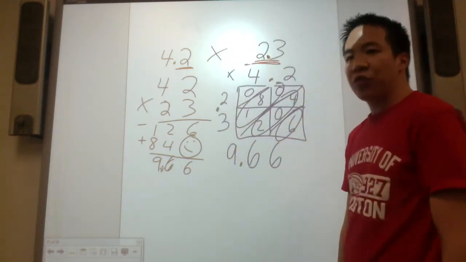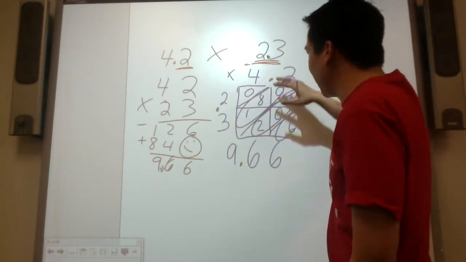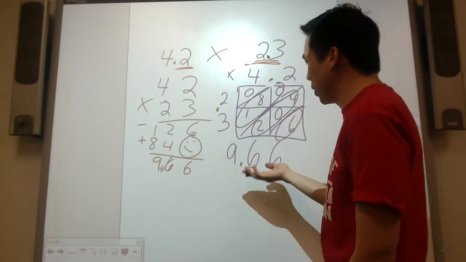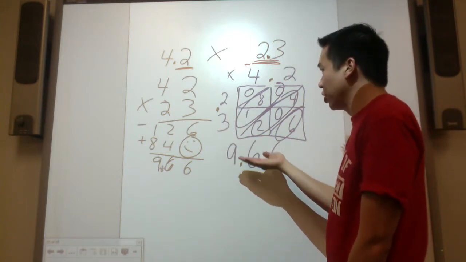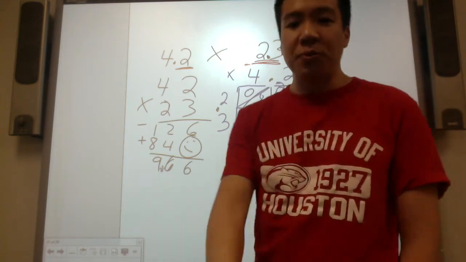So just pick whichever one you prefer. I like the lattice because you just multiply normally and you just count the decimal places. There's 2 digits behind the decimal point, 2 digits in my answer, or tenths times tenths is hundredths place. That is multiplying decimals.